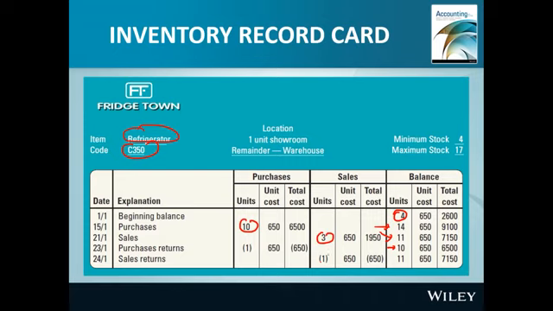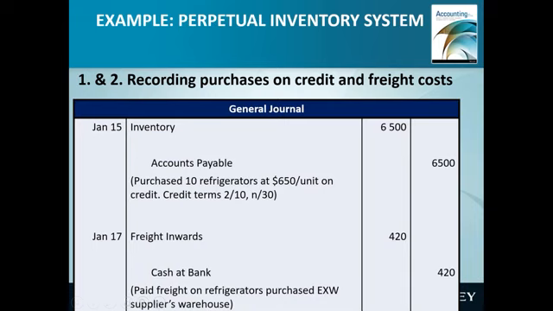And then finally a sales return, when the customer returns it back to you, so you have an increase in your balance. So we keep the record for every item. This is the inventory record card, or if you use a computerized system, you can track the changes of this inventory here.